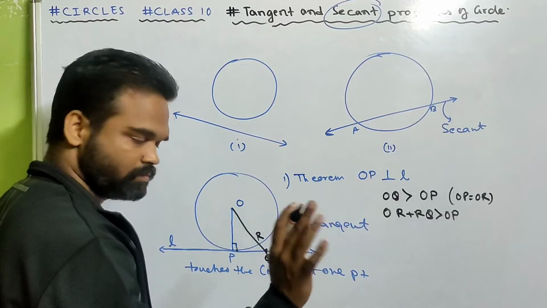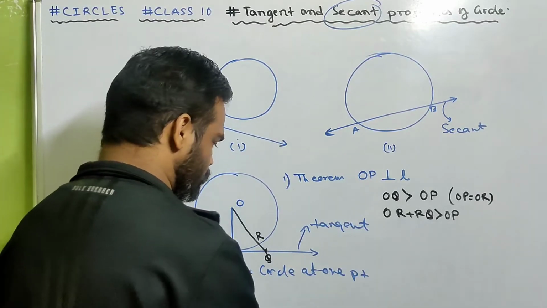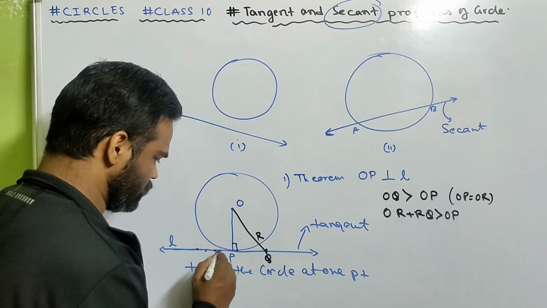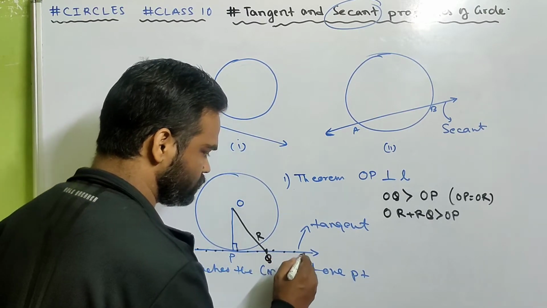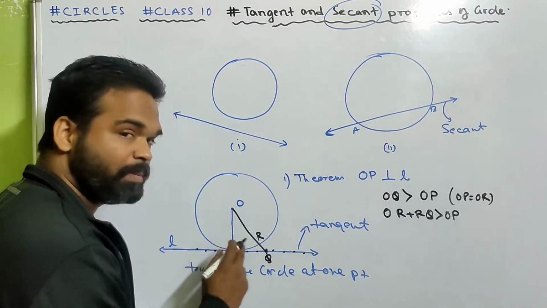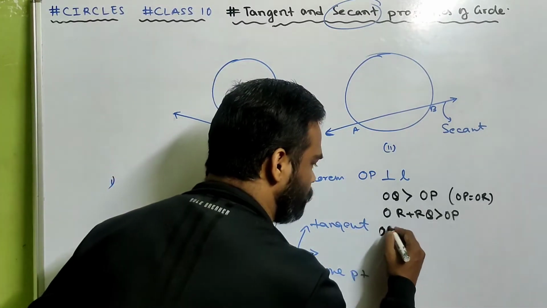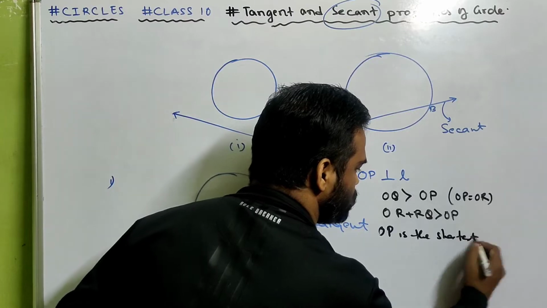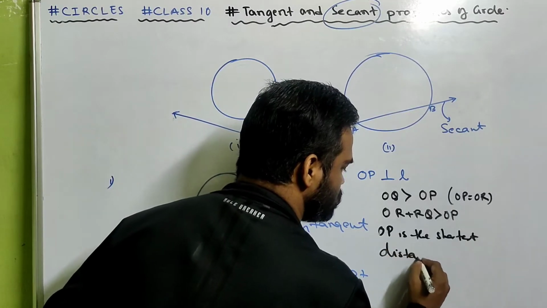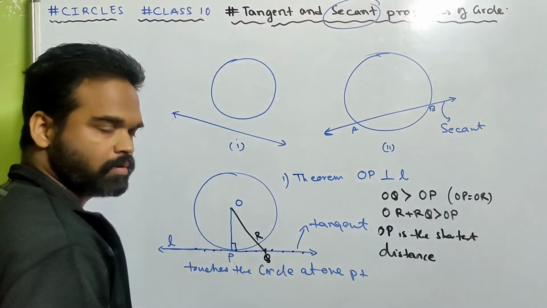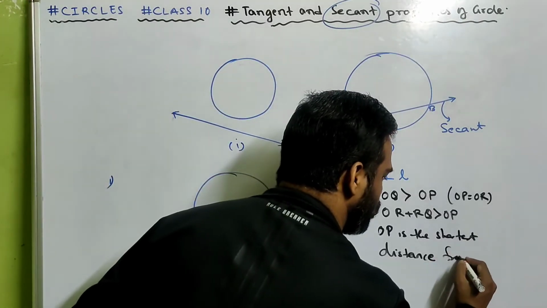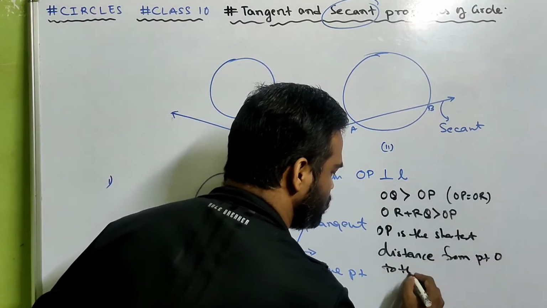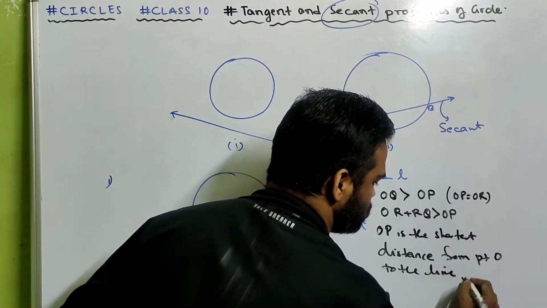Which means, try to understand this. You take any point over here, any point. OP will be the shortest distance from point O to the line L. Try to understand this.